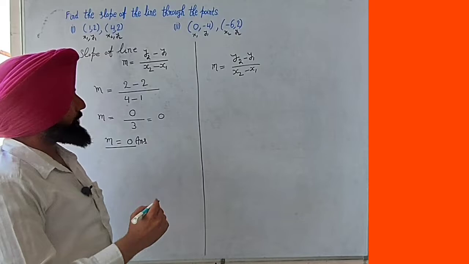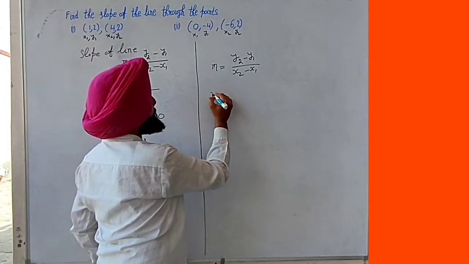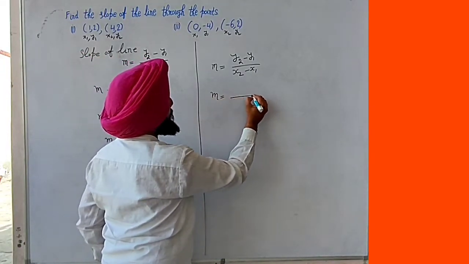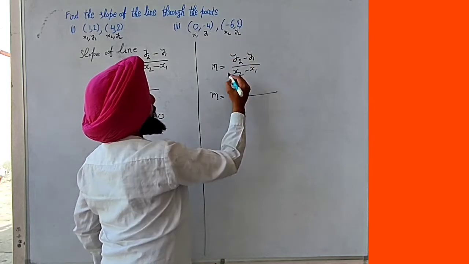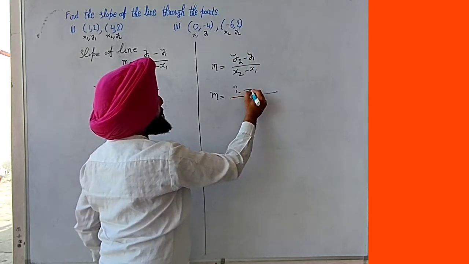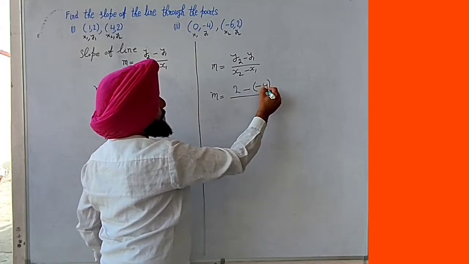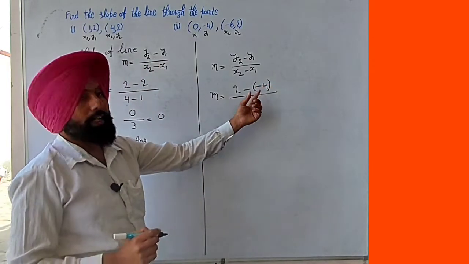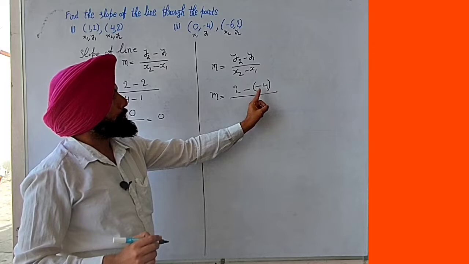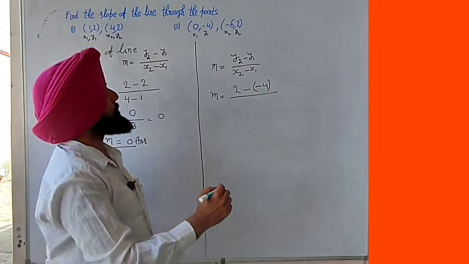Put these values and we get m equal to y2, that is 2, minus y1, here y1 is minus 4, so that's why we write it in a bracket.